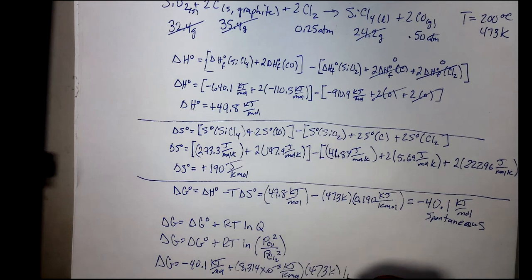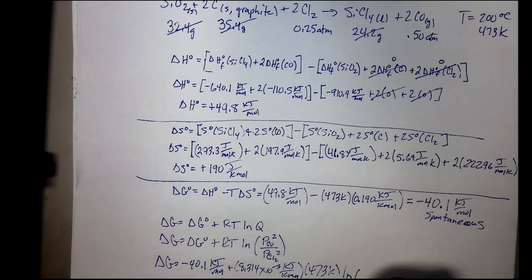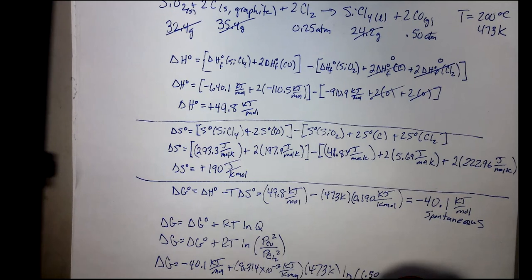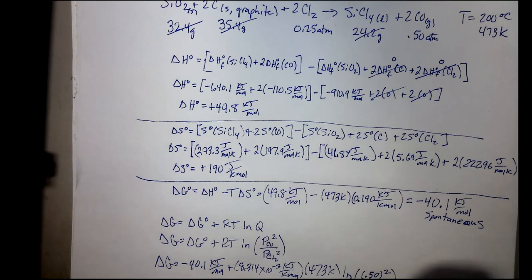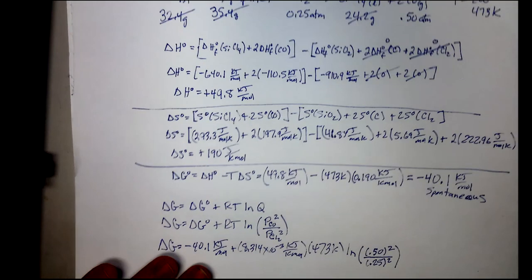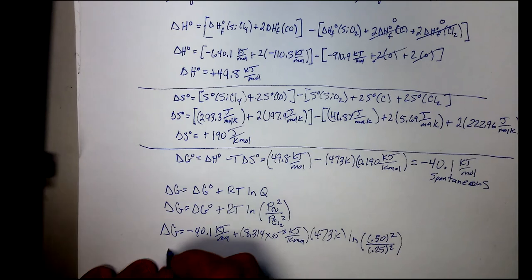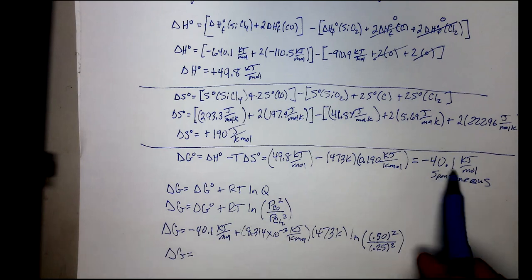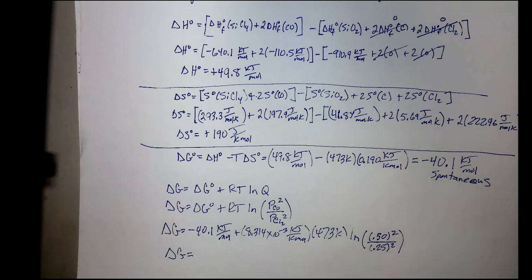And then times ln of 0.50 squared over 0.25 squared. We run that through our calculator and we will find our delta G under these non-standard conditions. And likely it'll still be spontaneous, but this number will vary just a little bit.